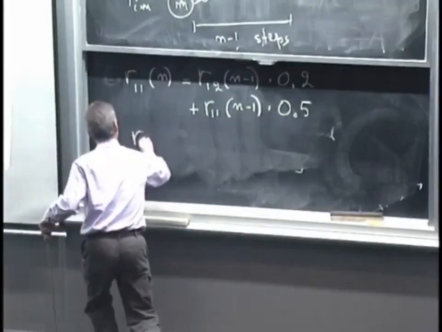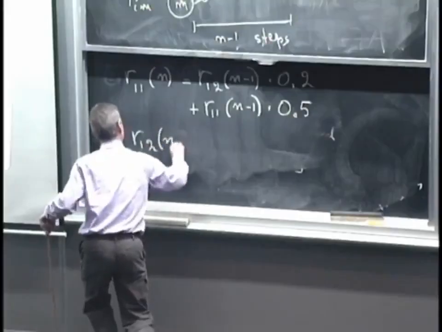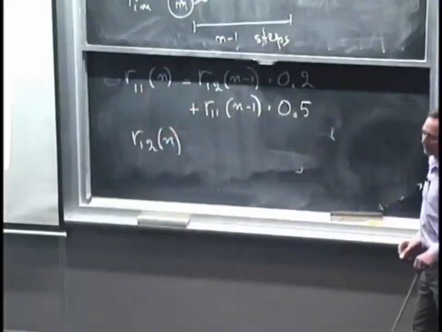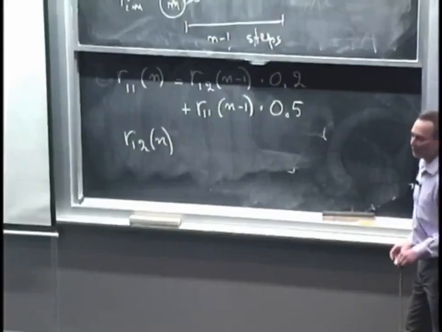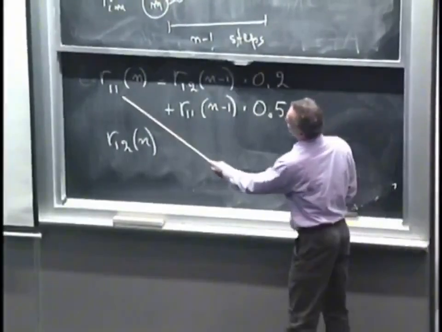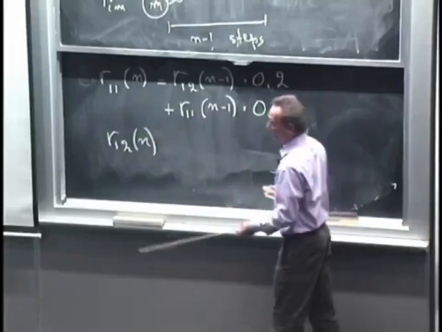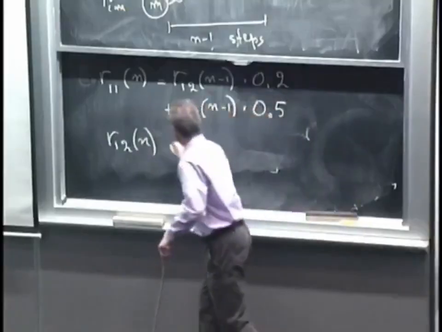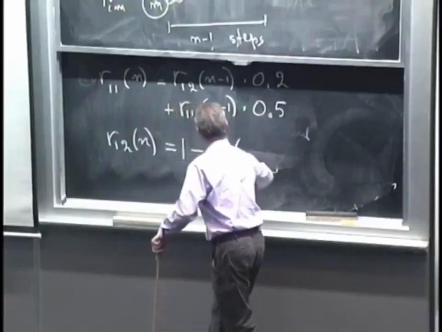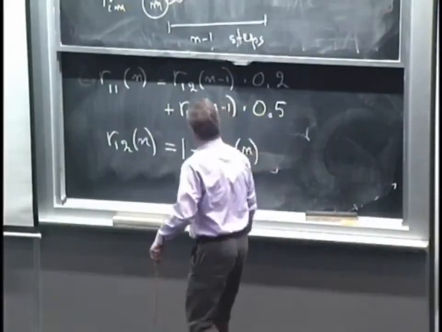Now R12 of n, we can write a similar recursion for this one. On the other hand, since these are probabilities, the state at time n is going to be either state 1 or state 2. So these two numbers need to add to 1. So we can just write that this is 1 minus R11 of n.